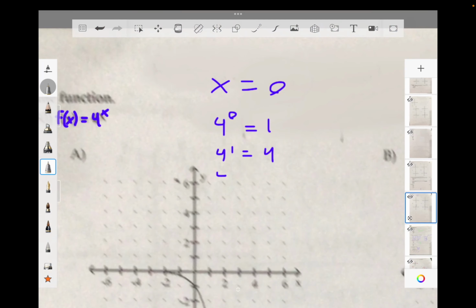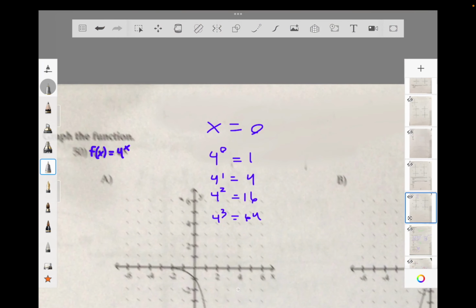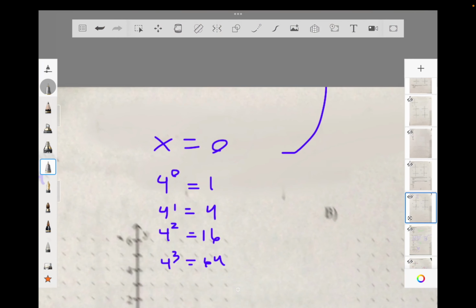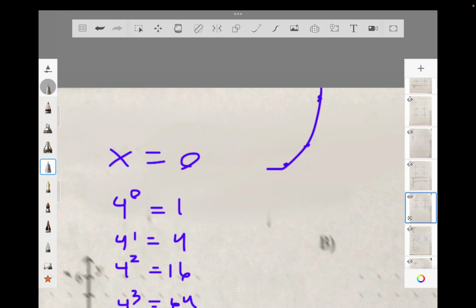If x equals 2, it's going to be 16. If x equals 3, it's going to be 64. So you can see, if you were to draw this, it's going to be flat, and then it's going to shoot up, right? Because at x equals 1, it's 4, x equals 2, it's 16, and x equals 3, it's 64. And these are the y values on the side. So it's going to just keep increasing higher and higher.